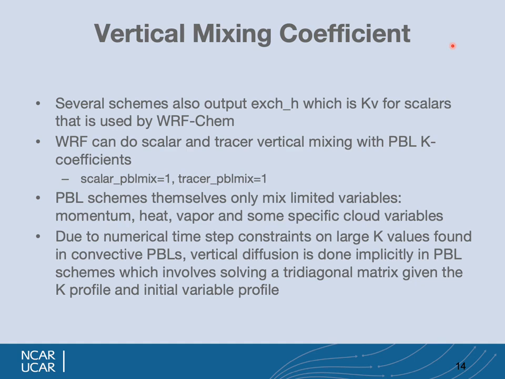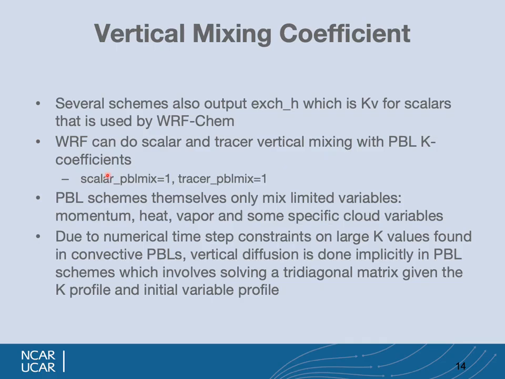Several schemes output a variable we call exchange H, which is the vertical diffusion coefficient, KV, for scalars that is also needed by WRF Chem. So WRF Chem does its vertical mixing elsewhere in another subroutine, but takes this information from the PBL scheme of its K profile. WRF can also do scalar and tracer vertical mixing using these same K coefficients.